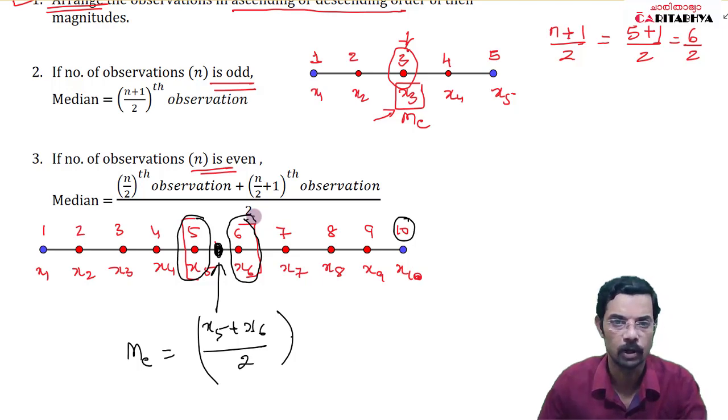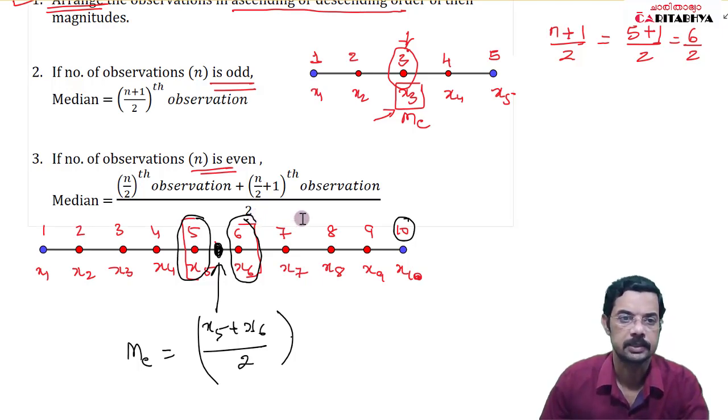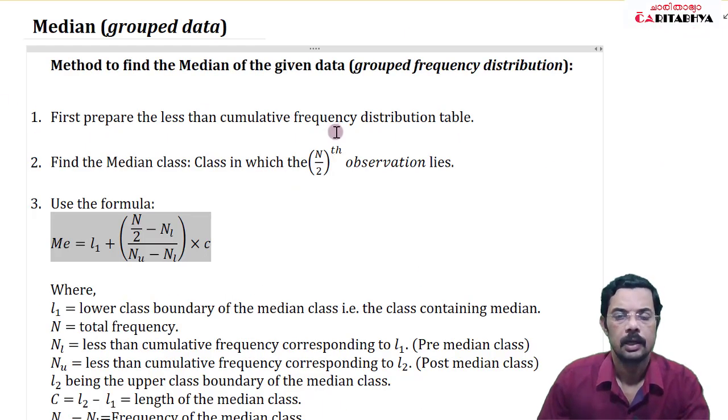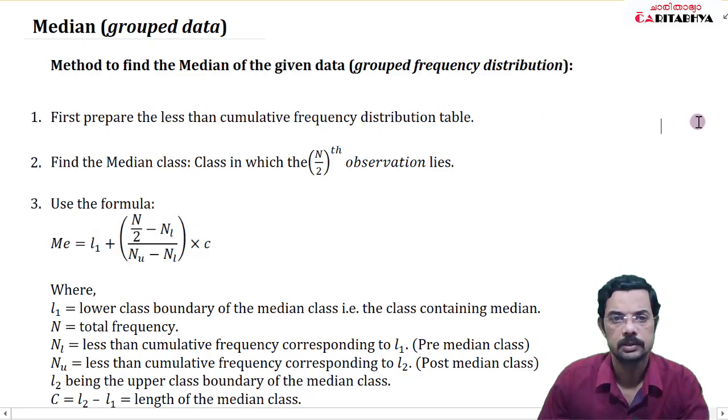That is the formula. Okay, next we shall discuss how to find the median for grouped data. In this case, we need to prepare the less than type cumulative frequency table.